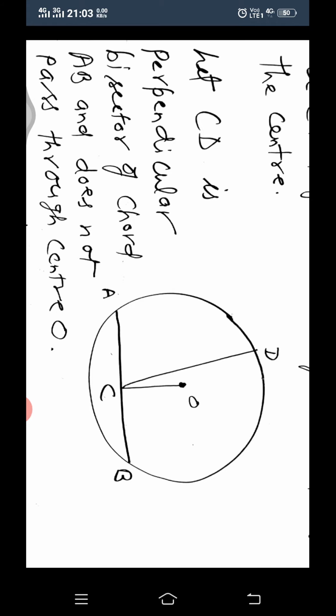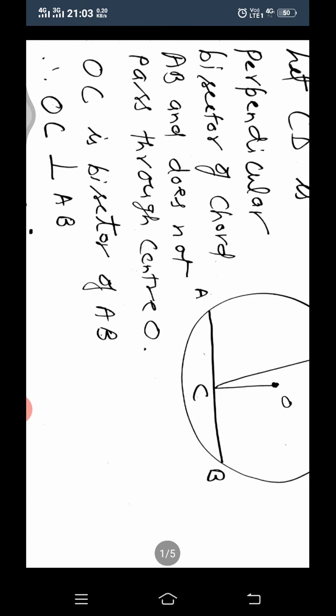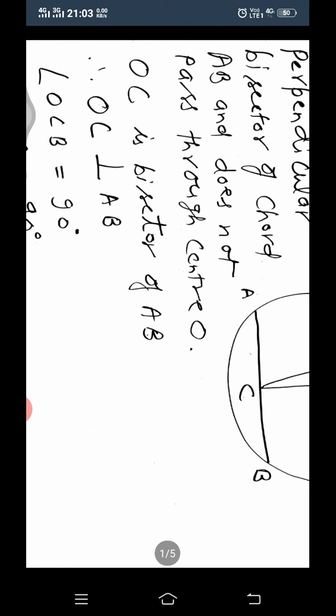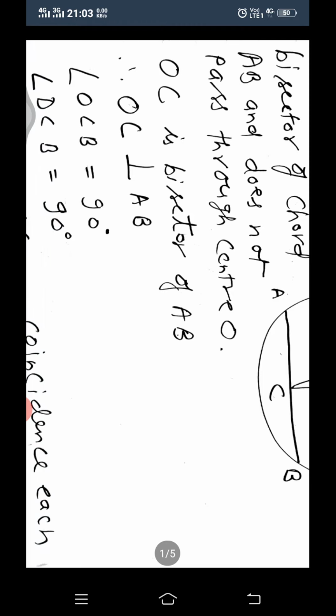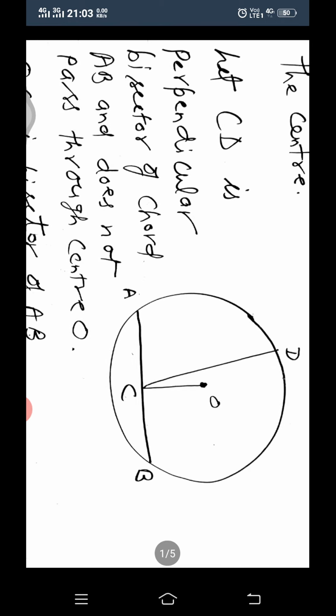So we can see that OC is the bisector of AB. So OC is perpendicular to AB. Therefore, angle OCB will be 90 degrees. Similarly, angle DCB is also 90 degrees, because CD is the perpendicular bisector of AB.